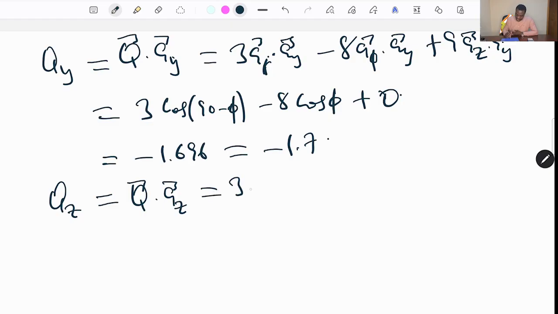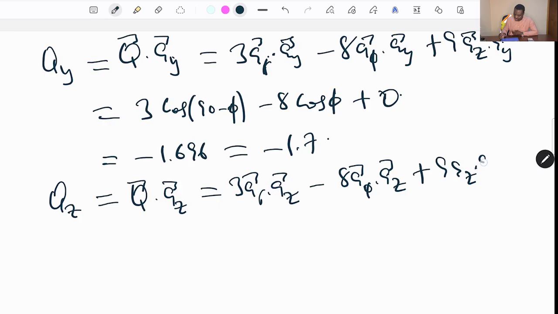So you get A_R dot A_Z minus A phi dot A_Z plus 9 A_Z dot A_Z. A_R and A_Z are both unit vectors of the cylindrical coordinate system, so their dot product gives us 0.